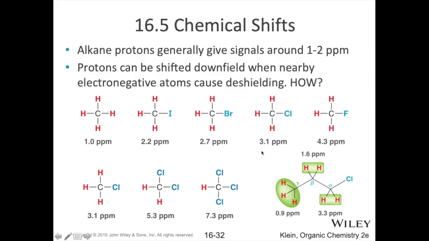In case you're wondering why it's not 3.1, the rest of the molecule has an effect here, so this is not quite the same as your monochloromethane. But it's still going to show up in that ballpark of 3.1. As we go a bond further away, it drops down to 1.6. Go another bond further away, and you have 0.9. So the further you get away from an electronegative atom, the less your proton feels that deshielding effect.